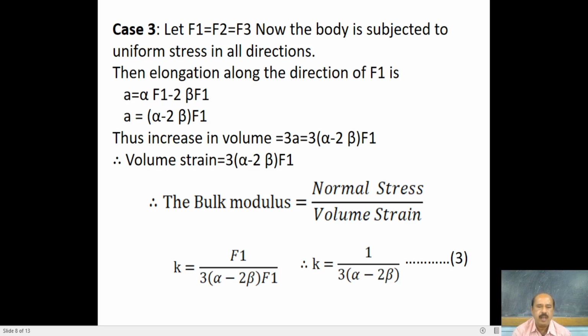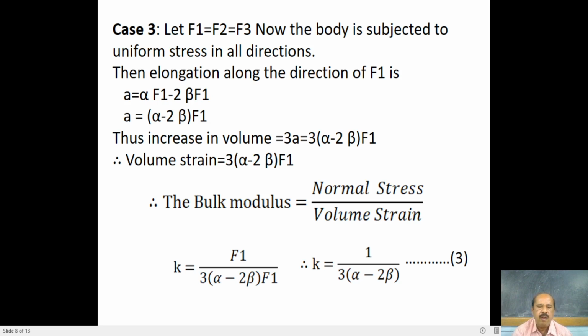If we simplify, A will be equal to alpha minus 2 beta into F1. This gives the increase in volume. The increase in volume is given by 3 times the value of A, that is 3 into alpha minus 2 beta into F1. Therefore, volume strain is 3 into alpha minus 2 beta into F1.